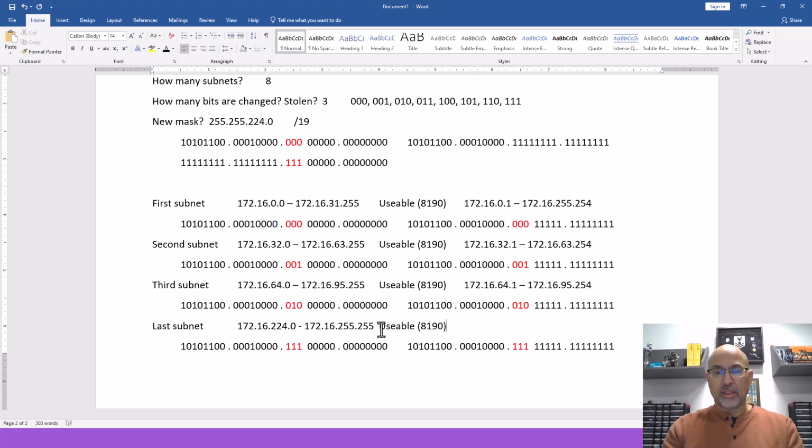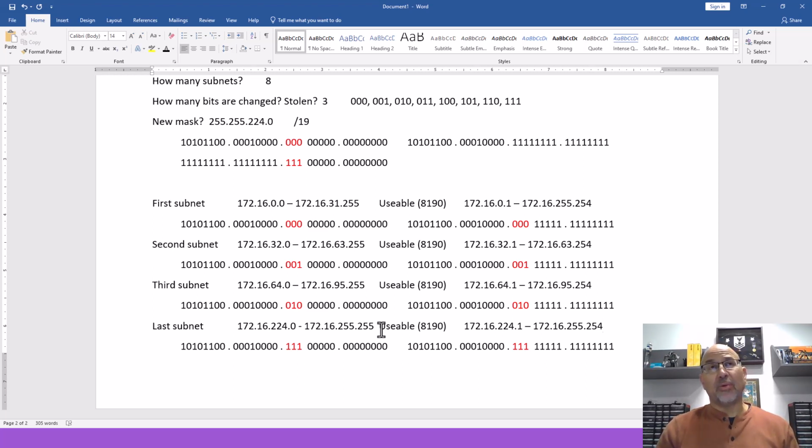Right, 2 less than the size of the subnet. And that means that our usable range of hosts is 224.1 to 172.16.255.254. And there we go. That is our collection of subnets.